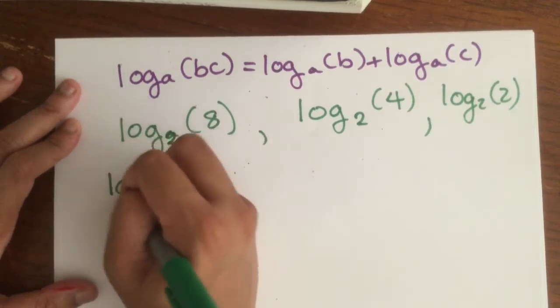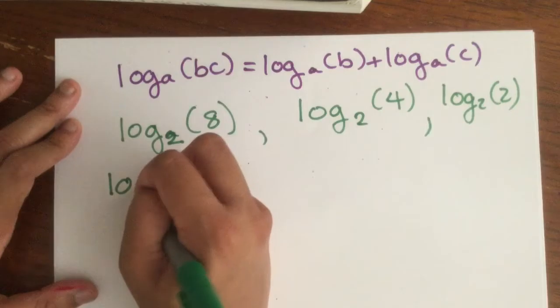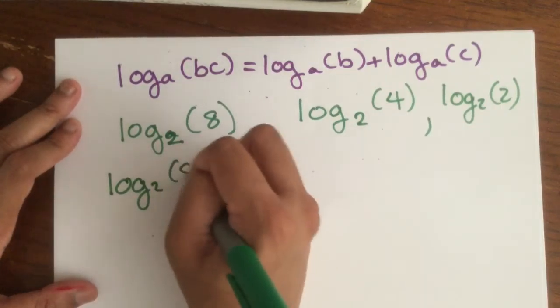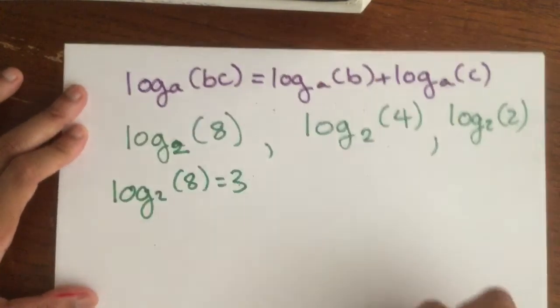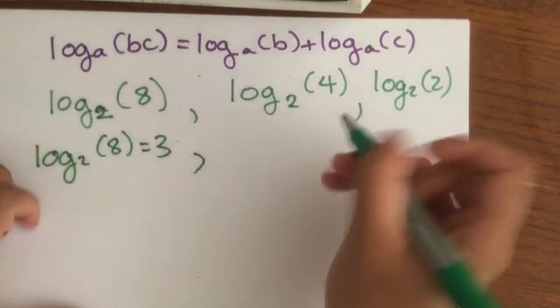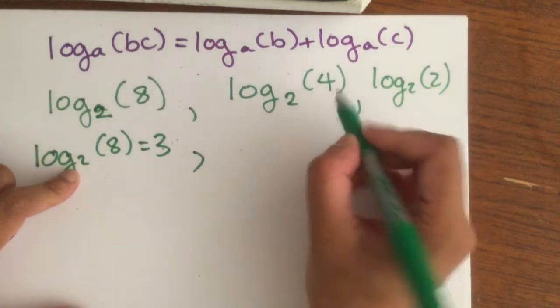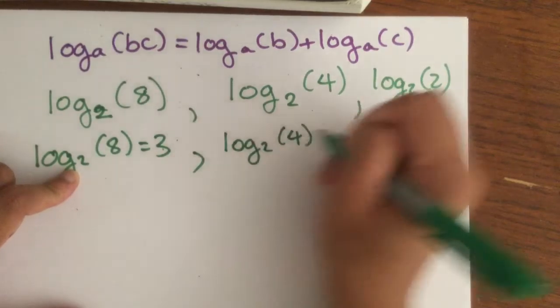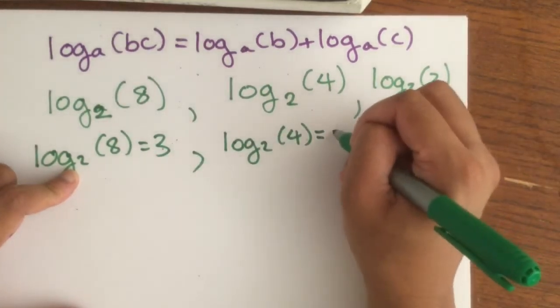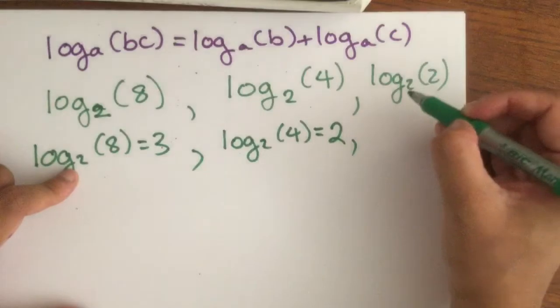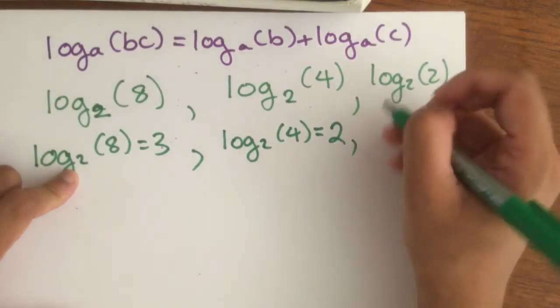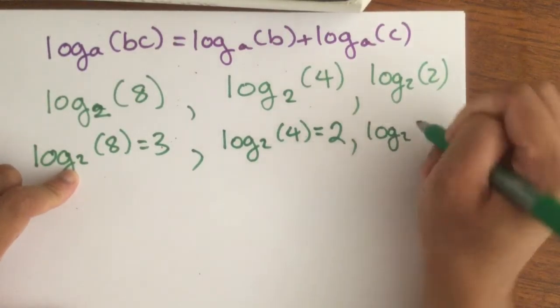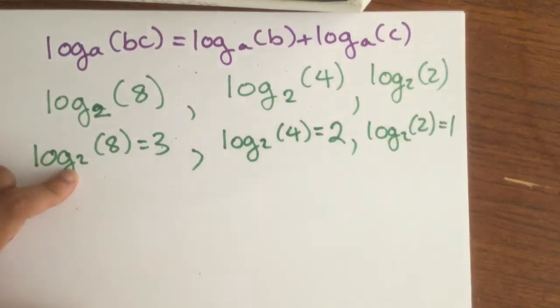Well, we have 2 cubed is 8, so log base 2 of 8 is equal to 3. Similarly, 2 squared is 4, so log base 2 of 4 is equal to 2. And obviously, 2 to the 1 is 2, so log base 2 of 2 is equal to 1.